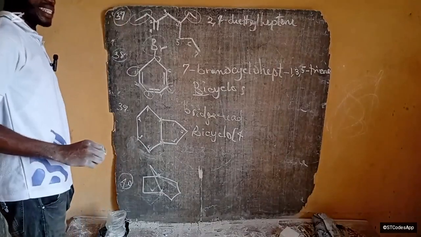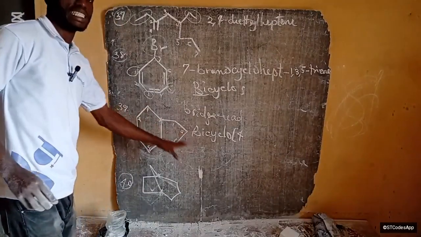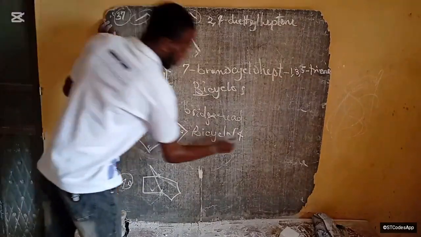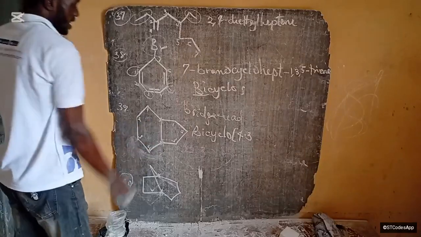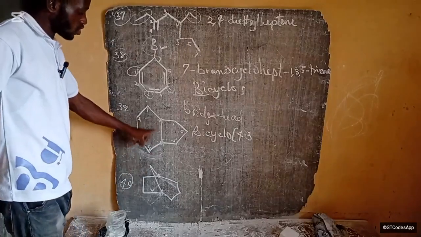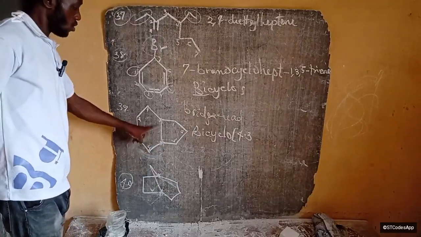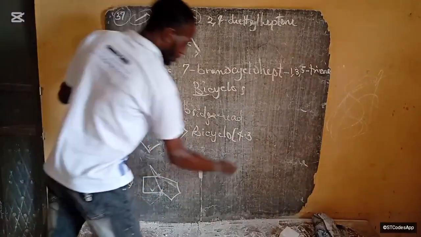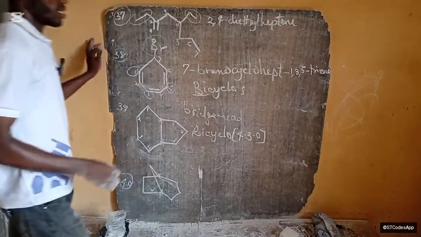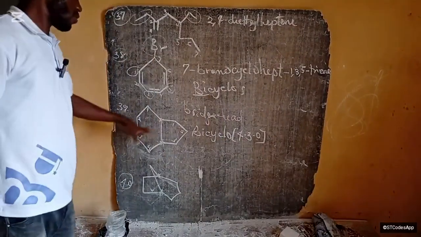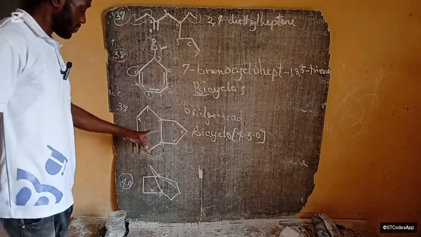Then the next ring is the one that has the next number of carbons, which is 3. So dot 3. Then these two bridgehead carbons, there's no carbon in between them, so there is 0 carbon. So we say 4.3.0, then we close the square brackets, and then we now have the name.